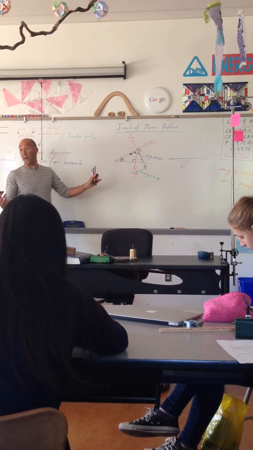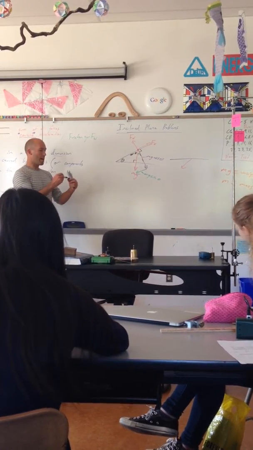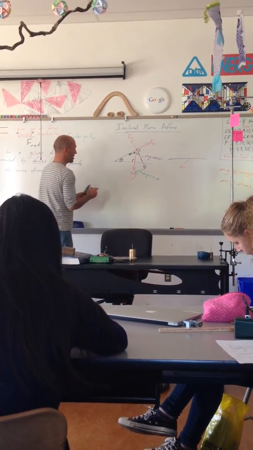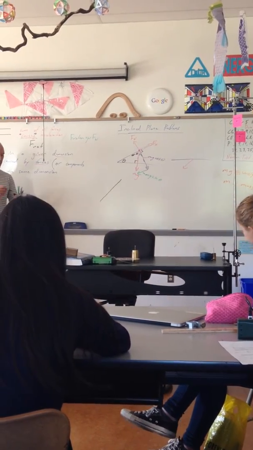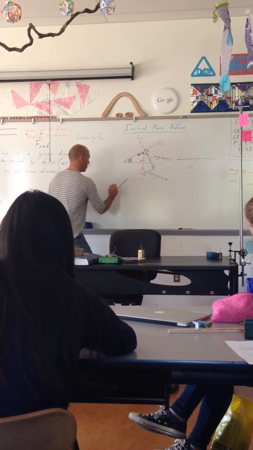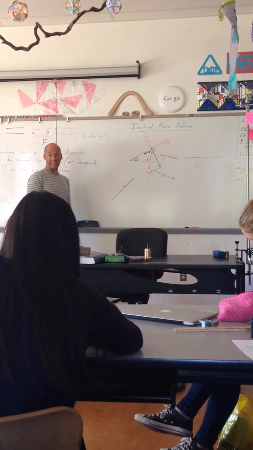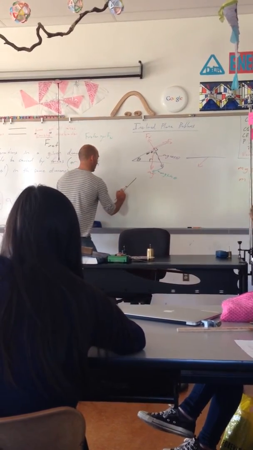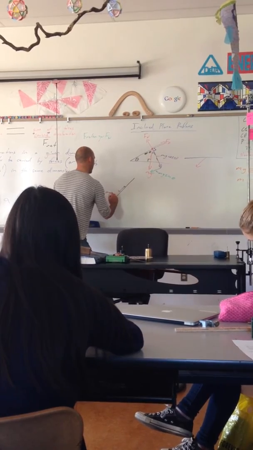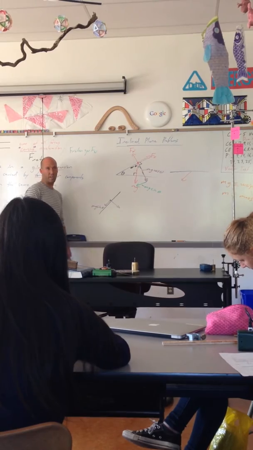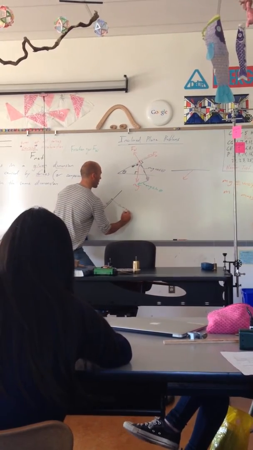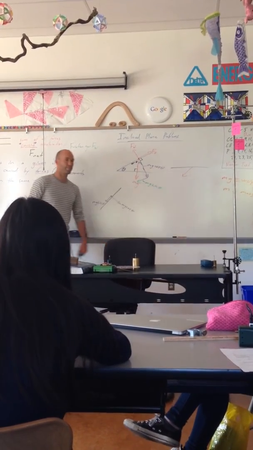You don't really need to know how to do that. Ideally, you would. But for our purposes, all that you really need to understand is that every single time an object is on an inclined plane, you know that the component of weight acting down the hill is mg sine theta, and the component of weight acting perpendicular to the hill is mg cosine theta.